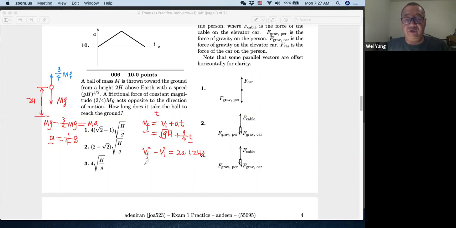Now we can also simplify this. We can write this as the square root of gh plus g over 4 times t.